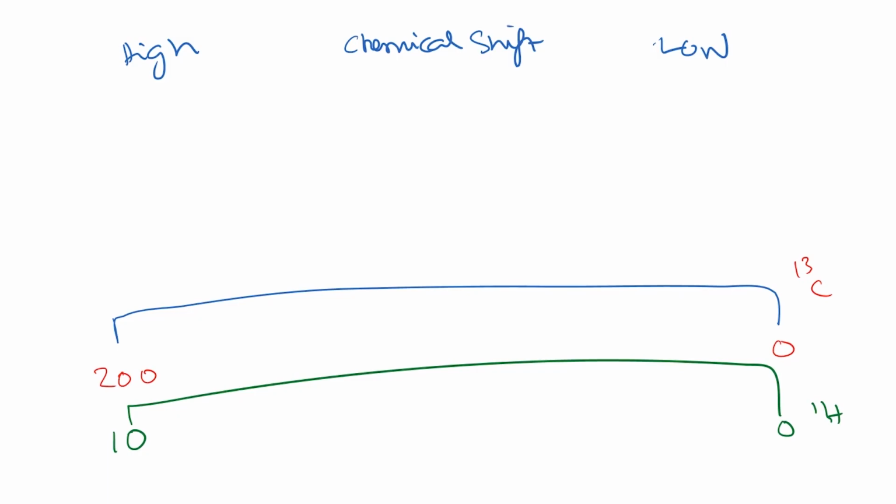Something, for example, that resonates or gives you a chemical shift of about 2 or 3 is considered low, and something that gives about 7, 8, 9 or 10 in proton NMR is considered high. Similarly, when the chemical shift is between 10, 20, 30 in C13 NMR, it is considered low, whereas a number at around 150, 160, 180 etc. is considered high.